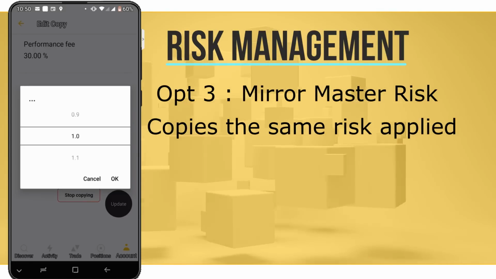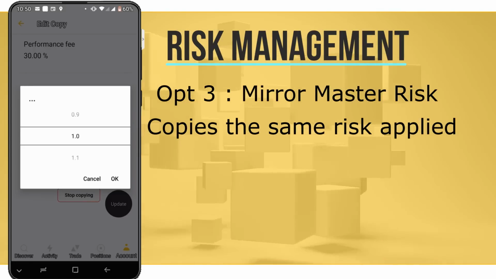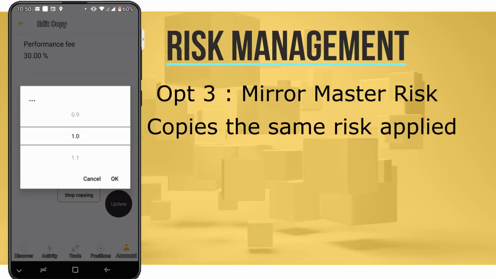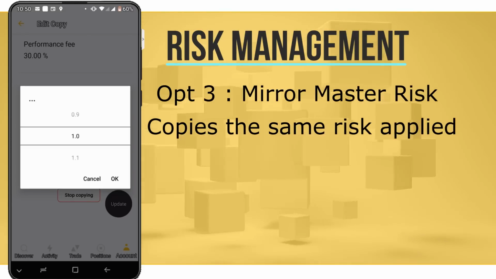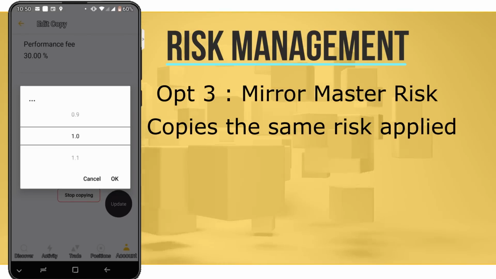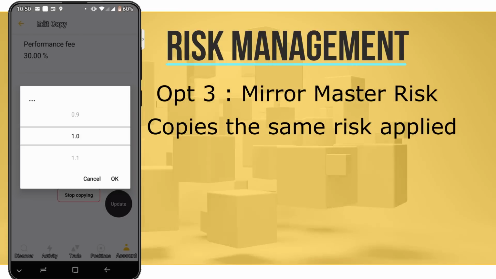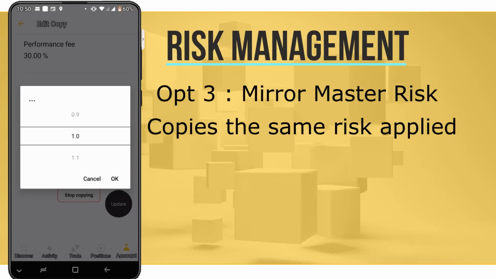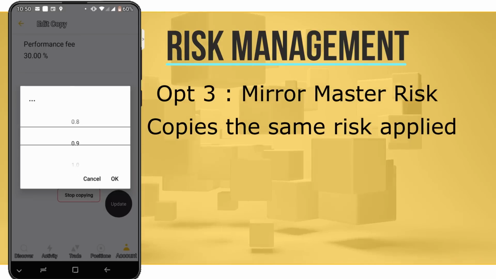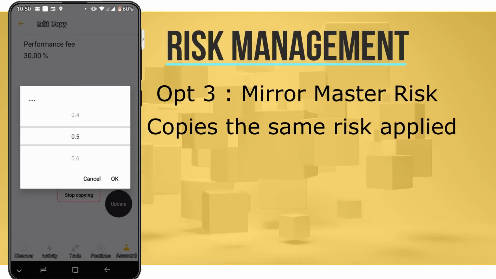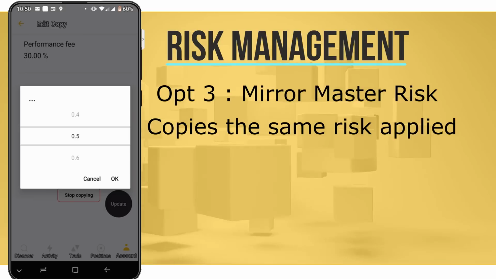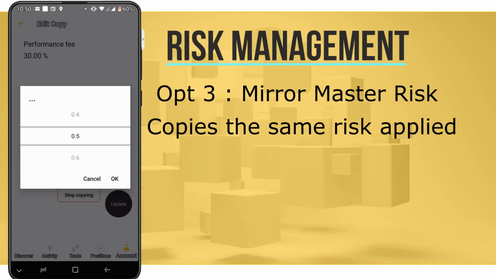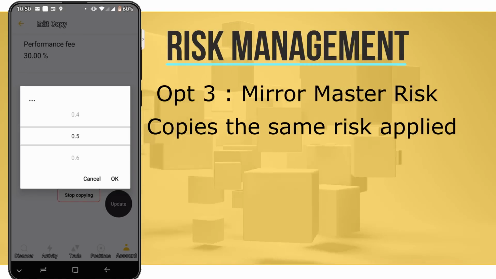So maybe you have $100 on your account and we have $150. This system is actually going to calculate the proper risk, the proper lot size to copy, so that if you are risking 10% on our account with that one lot size that we open, and on your account you also want to risk that same 10%, this system will calculate on your behalf how much lot size it needs to open on your side, so that you're risking the same 10% that we are risking in our account, right?